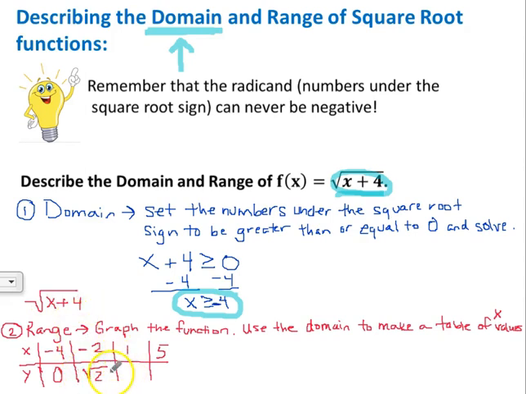We'll check that with a calculator in a sec. When we plug in 1 for x, 1 plus 4 is 5, the square root of 5. And when I do 5 for x, 5 plus 4 is 9. The square root of 9 is 3, so I'm going to put 3 in there.